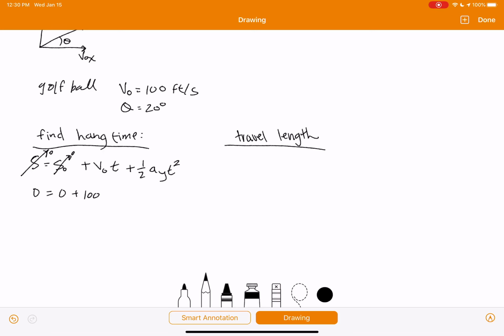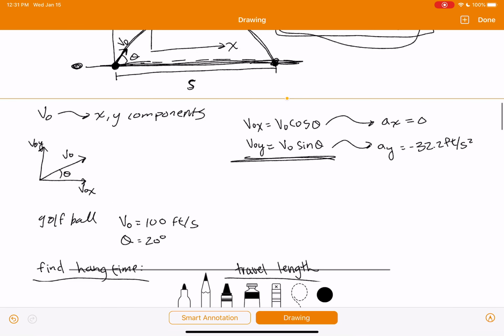So 100 sine 20 times t plus 1/2 acceleration in the y direction, which is negative 32.2, times t squared. All right, now if you solve this out, you'll get t equals 2.12 seconds.